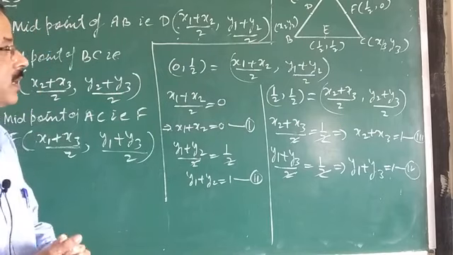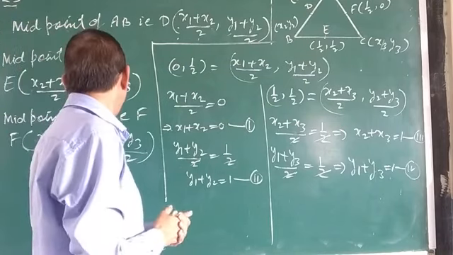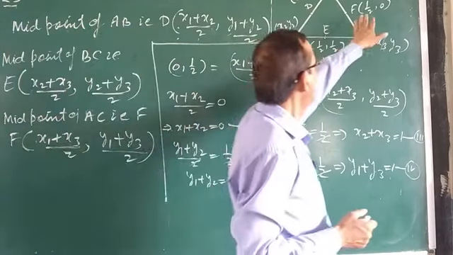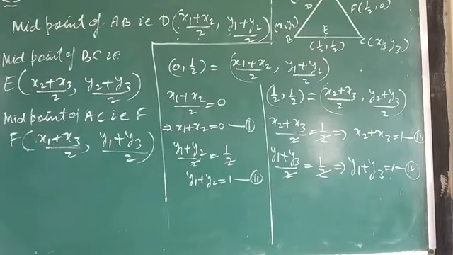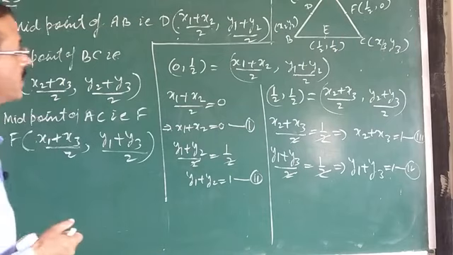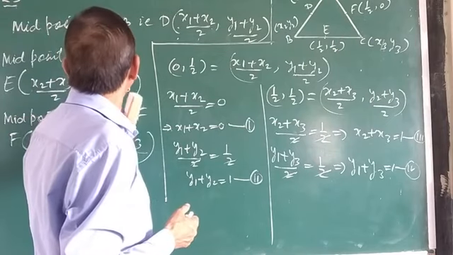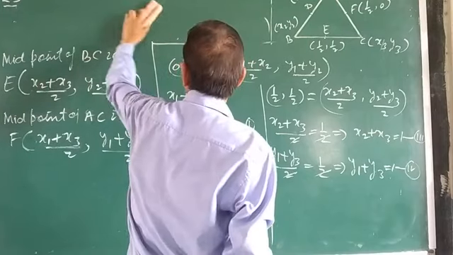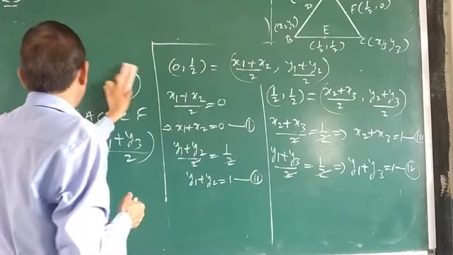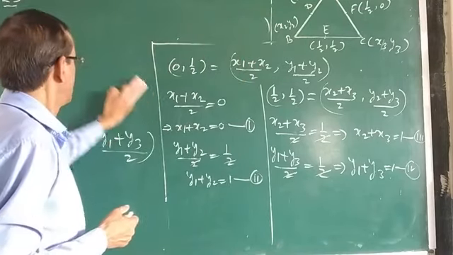Right? Now what is remaining? Remaining here is F. So make the space here. Let me remove this thing. F remaining.